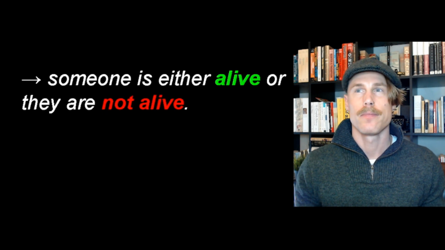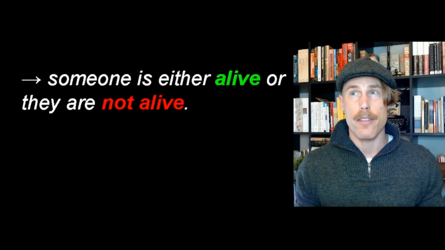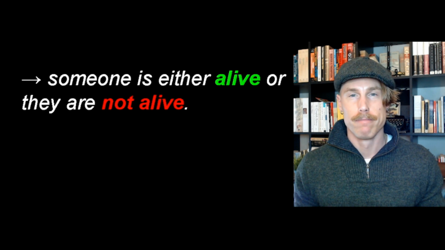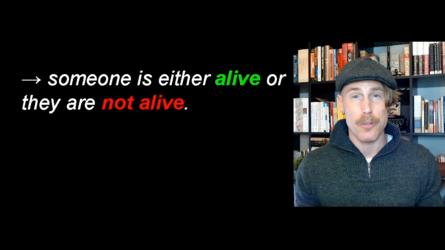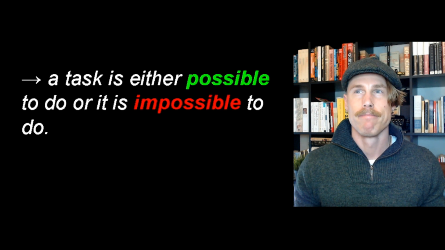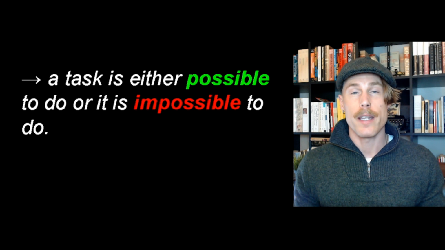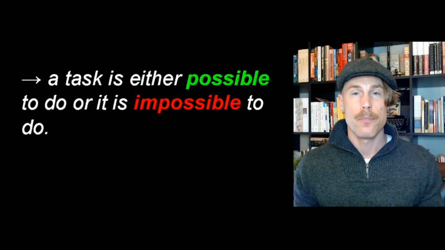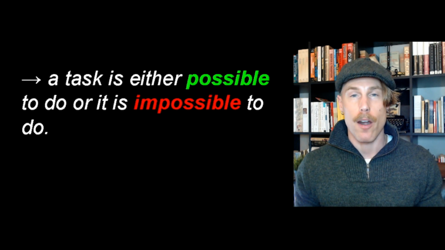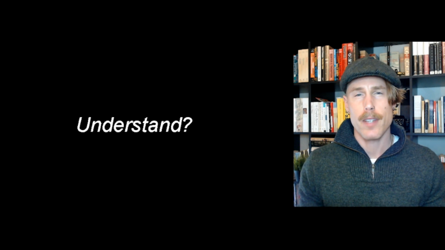No. Another example, right? Someone is either alive or they are not alive. There's nothing in between. You're either alive or you're dead, right? A task is either possible to do or it is impossible to do. There's no middle ground, no gray area. It's possible or impossible. Understand?